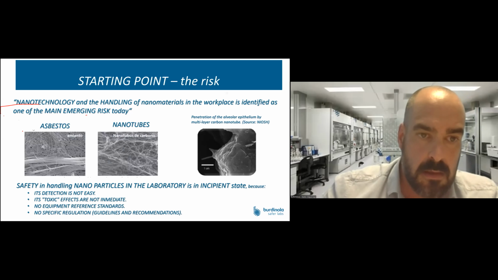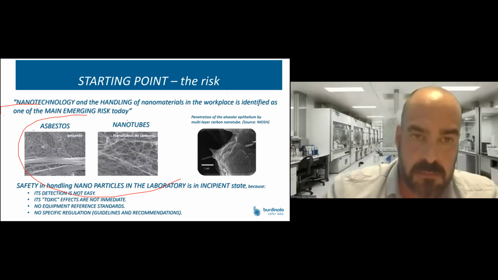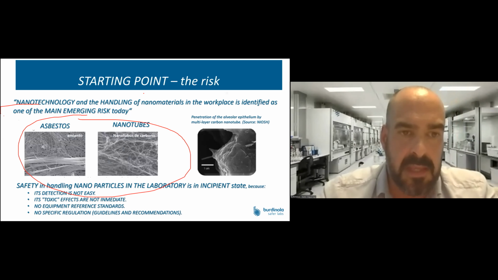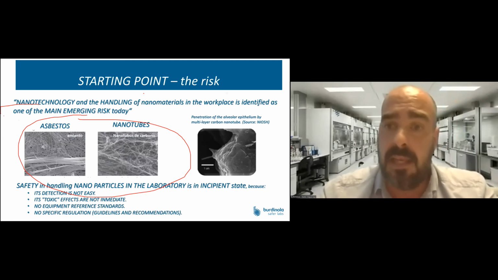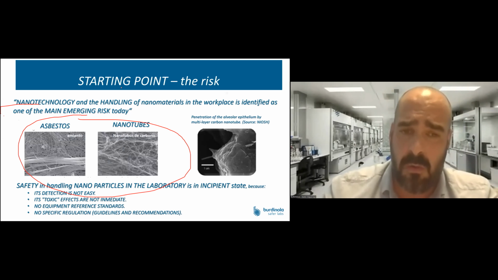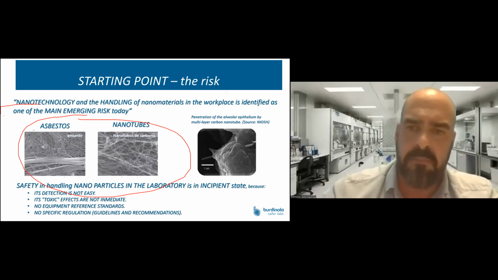Okay. Here in these pictures, you can see the structure of the asbestos at the nanoscale, and the structure of the nanotubes, okay? So we can see that both structures in scale are quite similar.